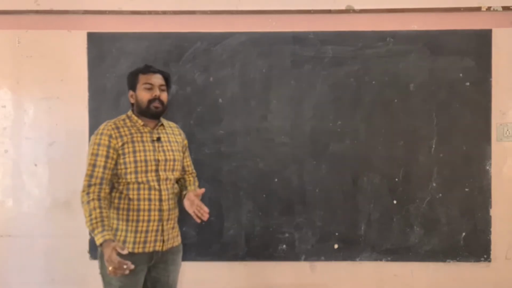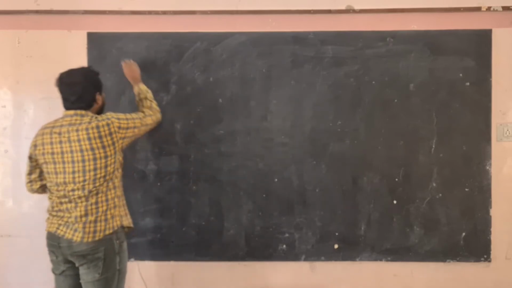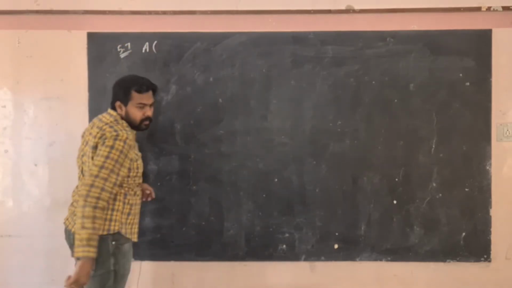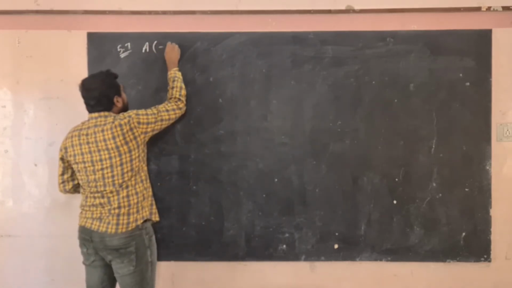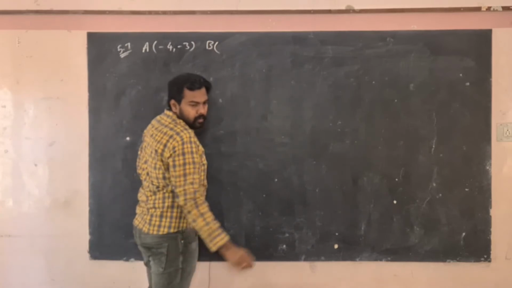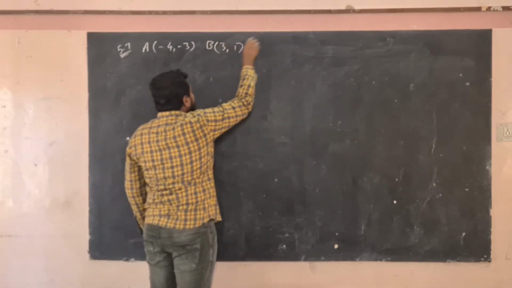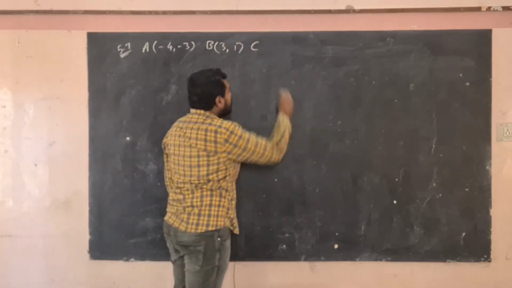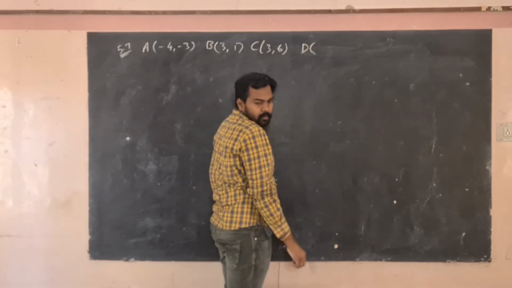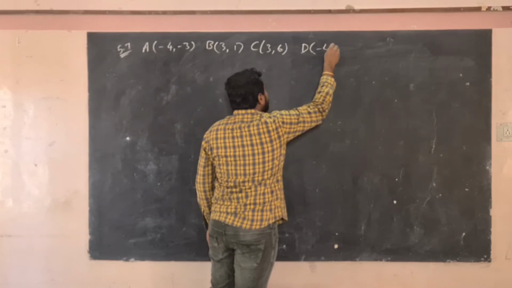So the question is show that, 5.7: A is minus 4 comma minus 3, B is 3 comma 1, C is 3 comma 6, and D is minus 4 comma 2.